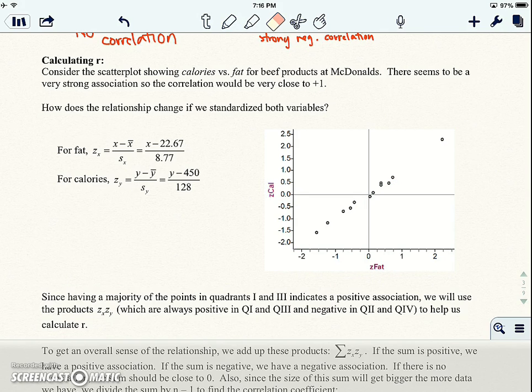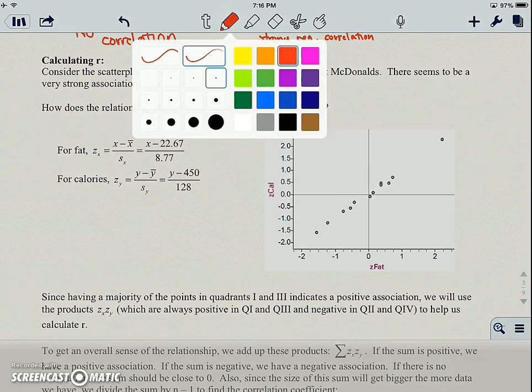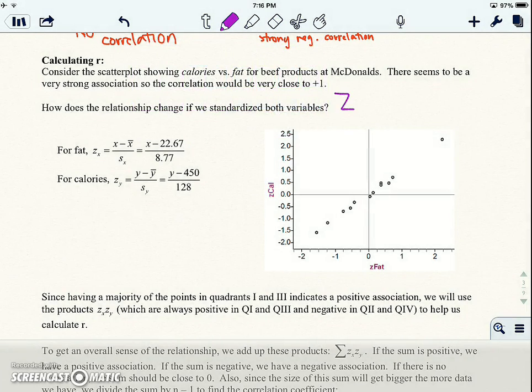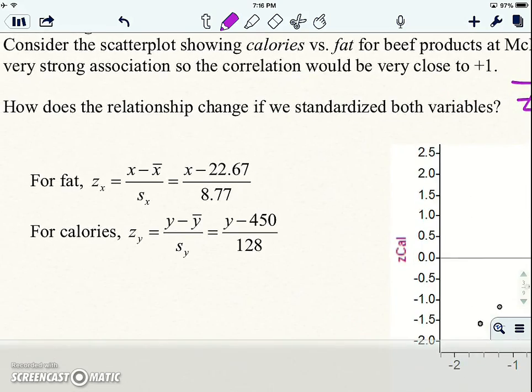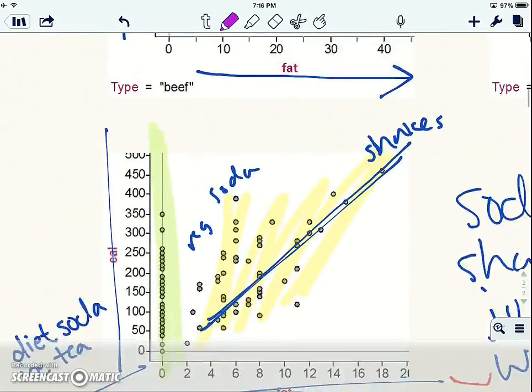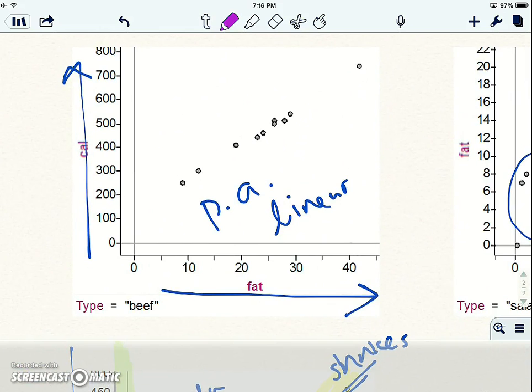How does the relationship change if we standardize both variables? I.e., we found the z-score. It's haunting you. It's not going away. Okay, so what I'm doing is I can tell you that there was this point right here that is 9 and 250.